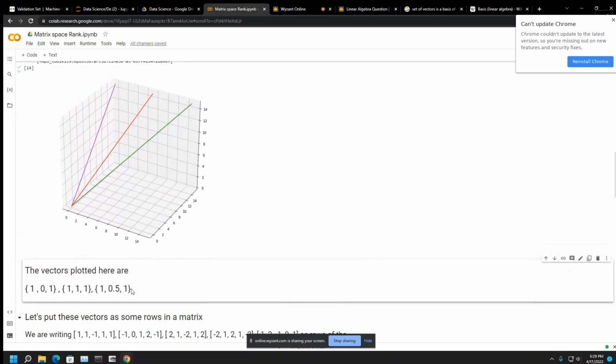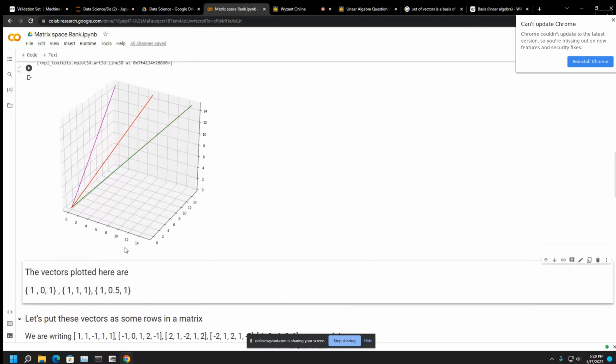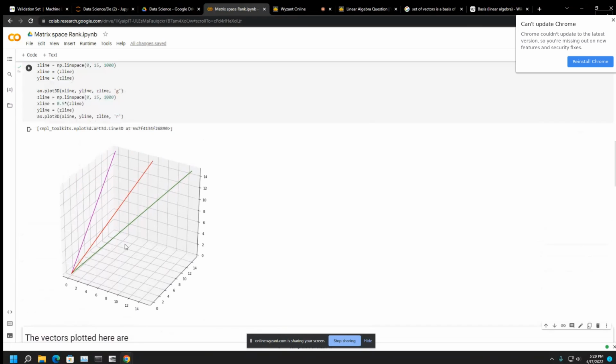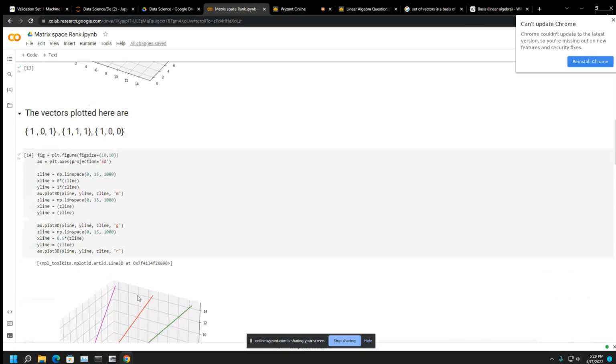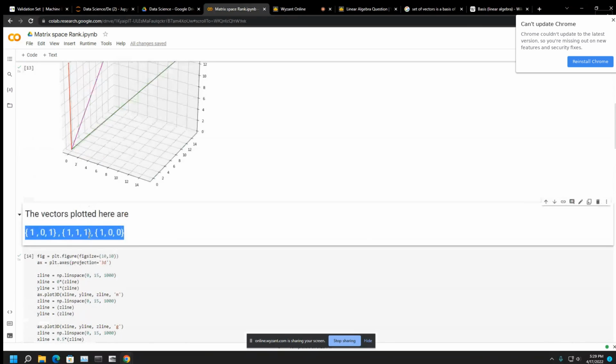So the third vector is actually a linear combination of the first 2. So that's why these 3 vectors cannot span this 3 dimension, where these 3 vectors can. So these can form a basis. This cannot.